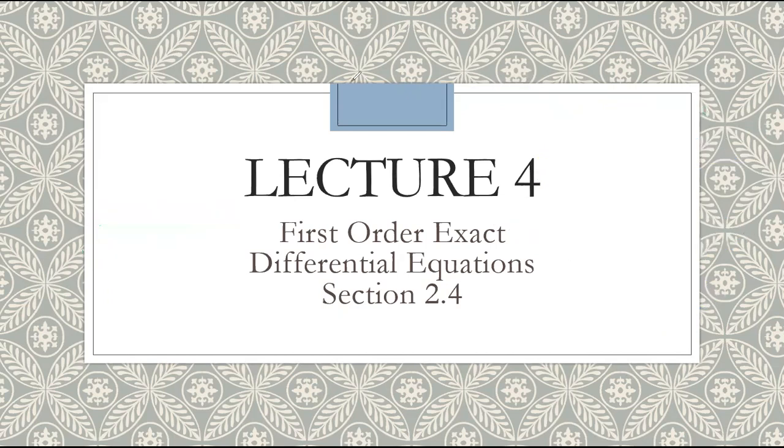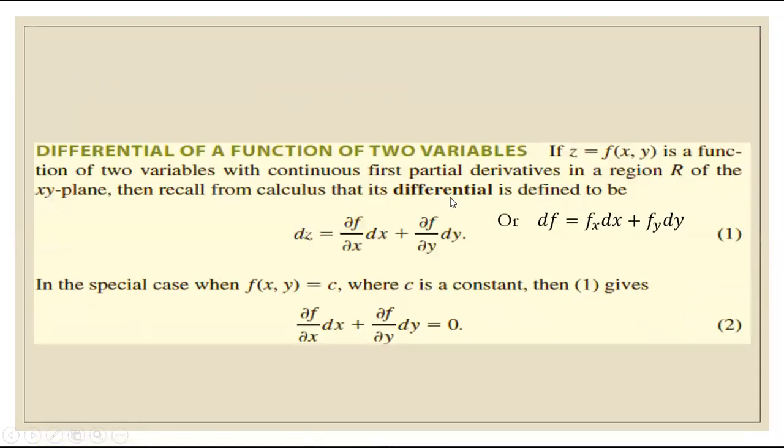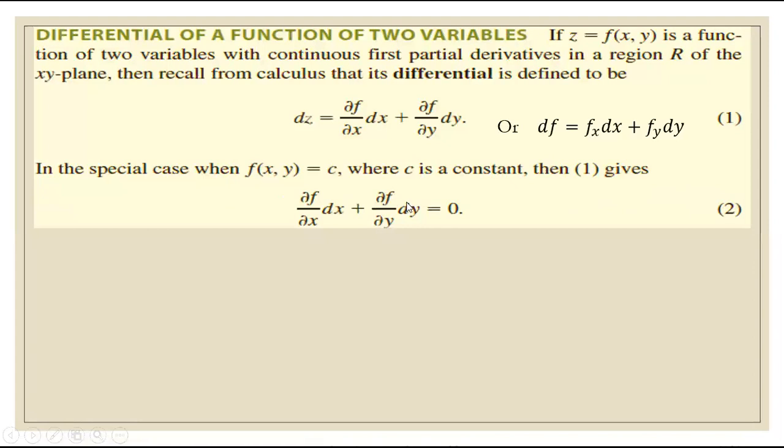Now, the new thing which we are going to learn today is how to solve exact differential equations. Here are the objectives of our lecture. And before we go through the exact equation, let me ask you one question now. Do you remember the difference between differentiation and differential?